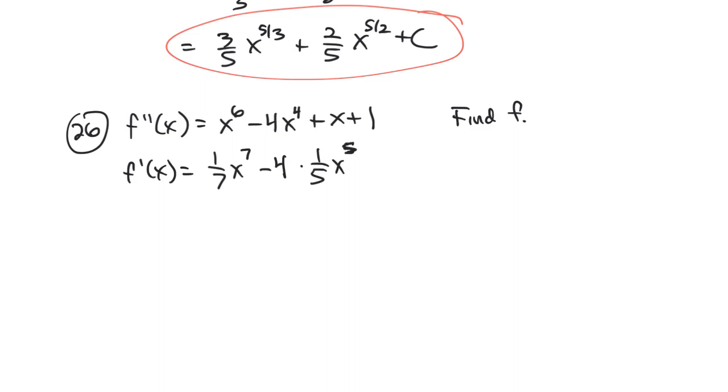right? And then this is x to the 1, so I'm going to go up by 1, x to the 2 divided by 2, or in other words, 1/2 x squared. And then I have to think, what do I put here so I get a derivative of this thing that's 1?